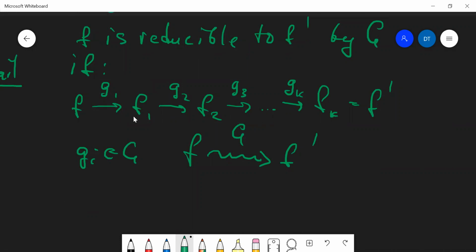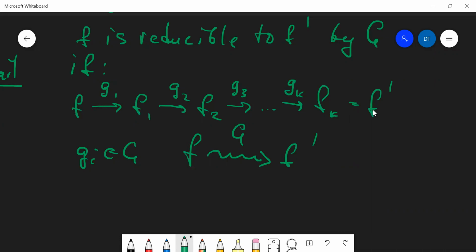First of all, it may happen that some polynomial is not reducible by the set G at all. This will be an analog of the remainder. And what could we do? We could start with a given polynomial f and start this sequence of elementary reductions, and at some finite step, the result will be a remainder.